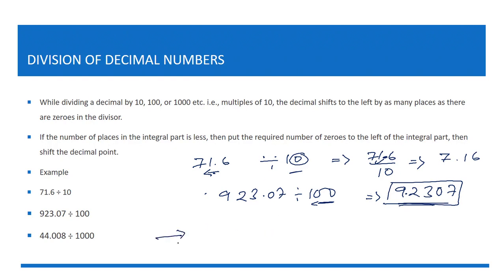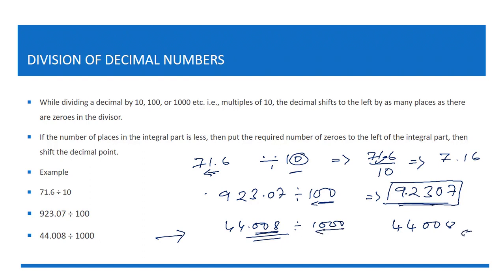Similarly, let us check this: 44.008 divided by 1000. See what happens here. Write down 44008. Now 3 decimal places are already here, and we are supposed to move another 3, so 3 plus 3 is 6.